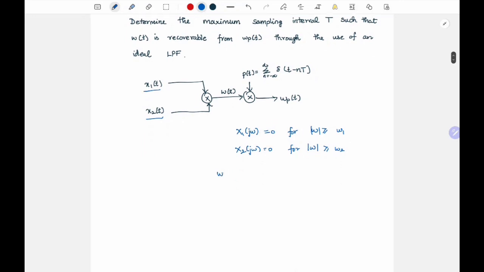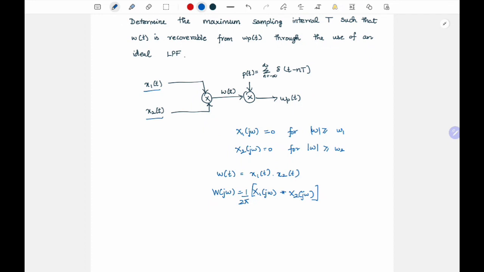But here the w of t is nothing but x1 of t into x2 of t. So if we take a Fourier transform, I'll get w of j omega as x1 of j omega convolved with x2 of j omega. Of course, you will have a 1 by 2 pi factor.